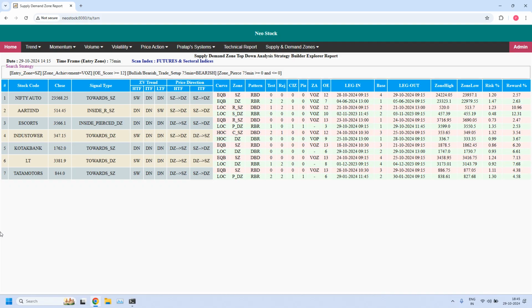Currently these 7 stocks are supporting bearish trade setup for weekly income trade, that is entry time frame 75 minutes. All these supply zones are 75 minutes entry zones. Let's verify whether out of these 7 any high priority supported stocks are available. First, let us look for LTF, ITF supply zone confluence.